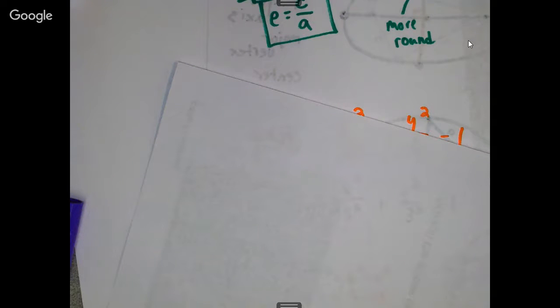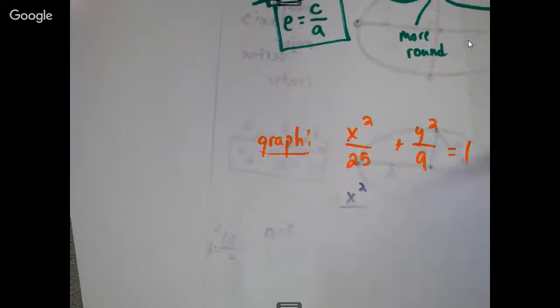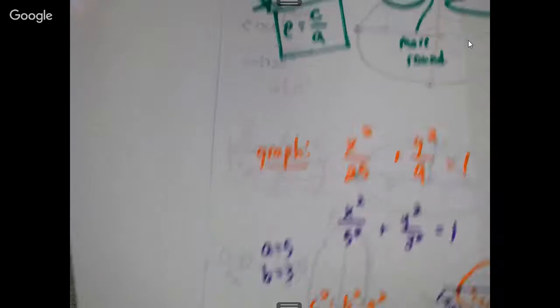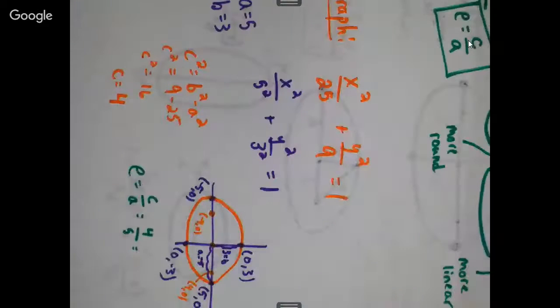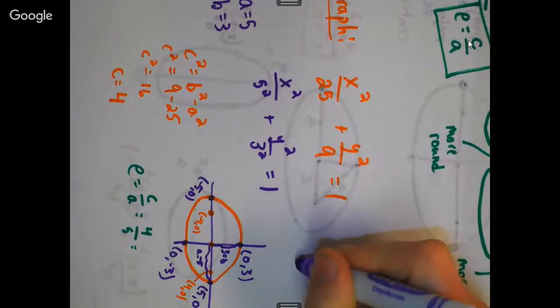Number 2, sketch an ellipse and label the following. You're going to label the foci, major and minor axis, A, B, and C, major and minor vertices. And then you are going to sketch the graph. You're going to sketch the graph for this.